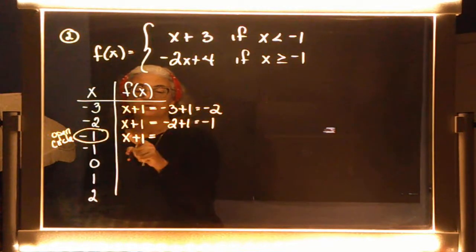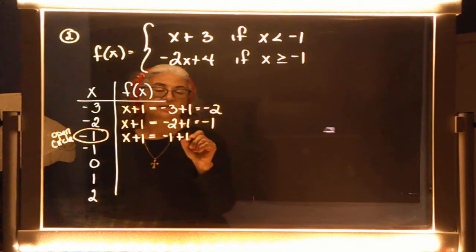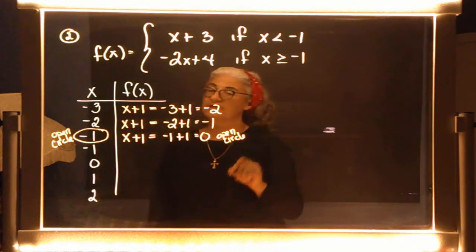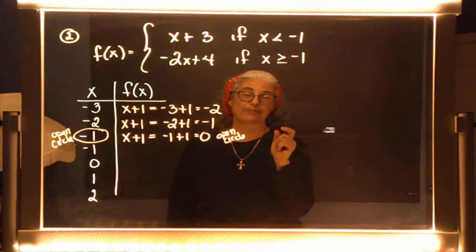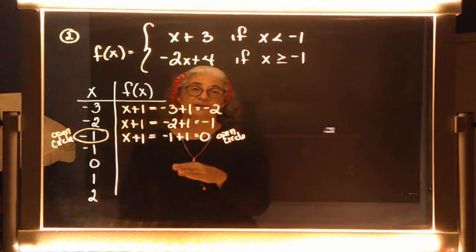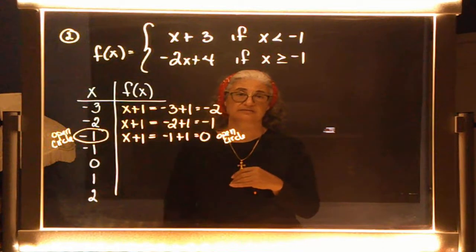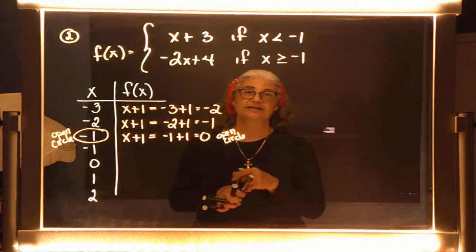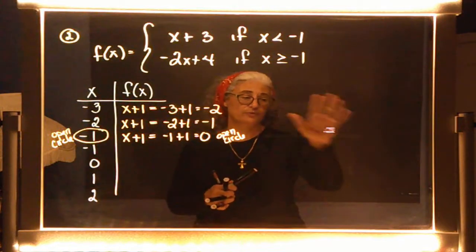So, plug in the negative 1, and I get 0. Remember, this one is going to be the open circle. I'm not going to be allowed to actually use that point for the first graph, but it shows me where it ends. So hang in there if you're like, I'm not quite sure what you're saying. Hang in there. It'll become more evident when we graph it.